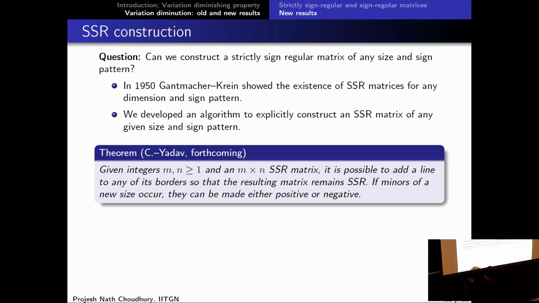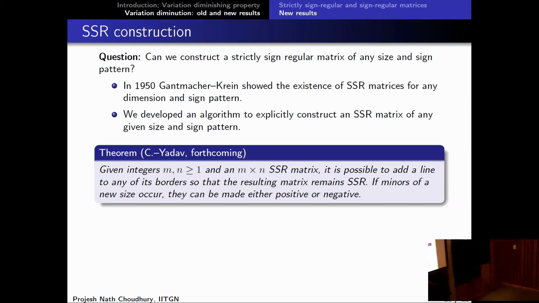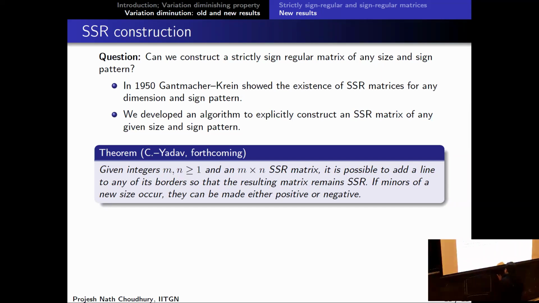Similarly, you can add a row at the top or at the bottom of this matrix, so that the resulting matrix will again be an SSR. Now suppose you take any 4x2 SSR matrix. There will be 4 rows and only 2 columns.